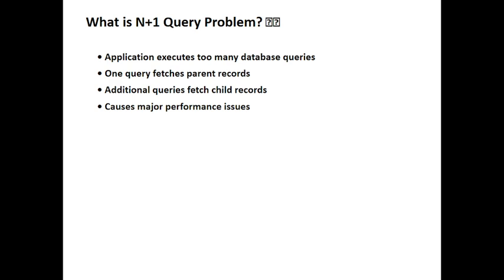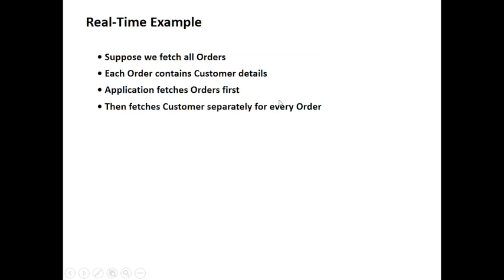The application executes too many database queries. In this scenario, one query fetches parent records, and additional queries fetch child records, which causes a major performance issue. For example, suppose we fetch all orders, and each order contains customer details.